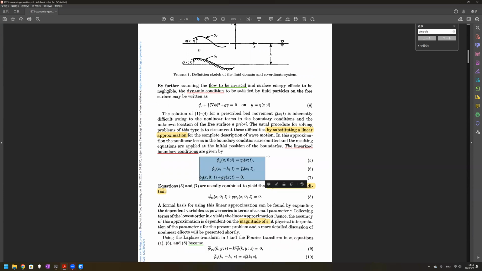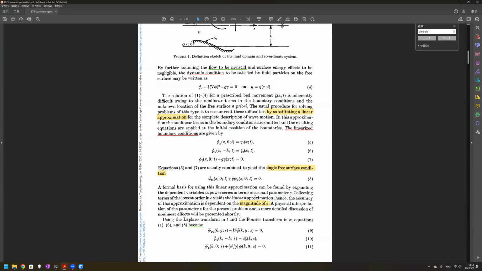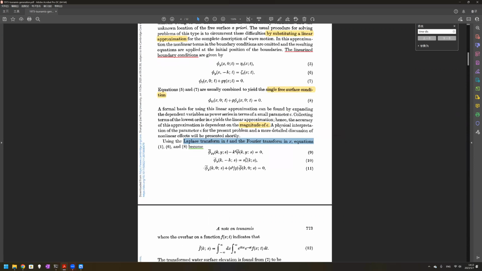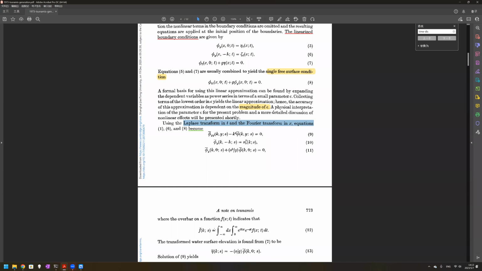And then we combine 5 and 7 together to arrive at 8, so that we do a Laplace transform in t and a Fourier transform in x for equations 1, 6, and 8 to arrive at this form, where the over bar over a function is defined as an operator as follows.